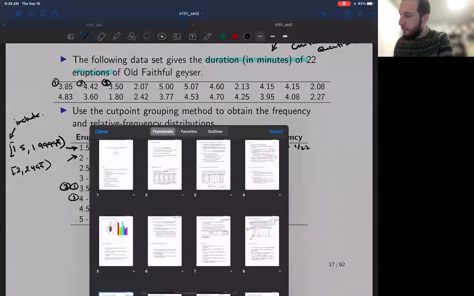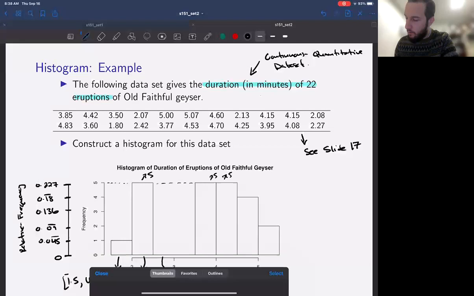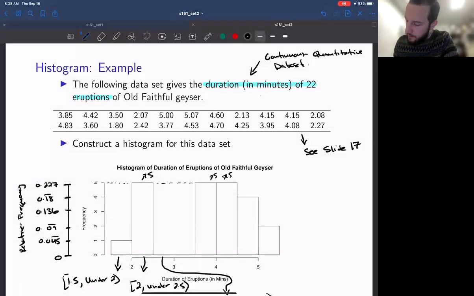So this first bin here, which is the bar representing the group from 1.5 to under 2, goes to a height of 1. So the bars are representing the number of observations within each of the bins, not the values directly. Does that make sense? Okay, sweet. Any other questions?